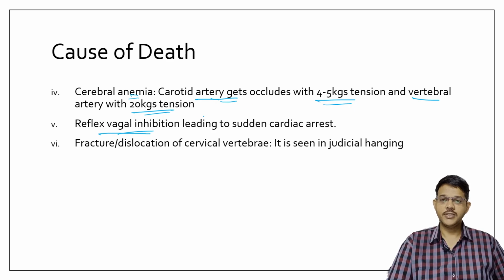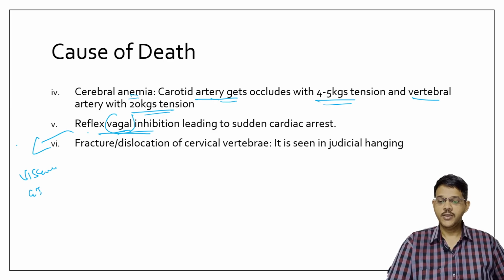Next cause of death is reflex venous inhibition. This is a condition where, since the vagus nerve innervates most of the visceral organs, as well as GI organs, and in the neck there are structures like the carotid sheath and carotid organs where there is a concentrated supply of nerve endings.